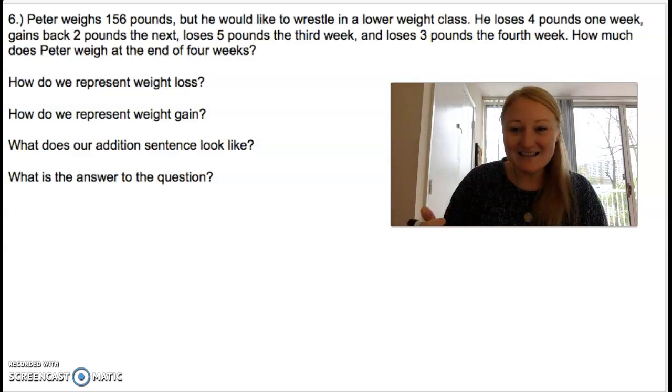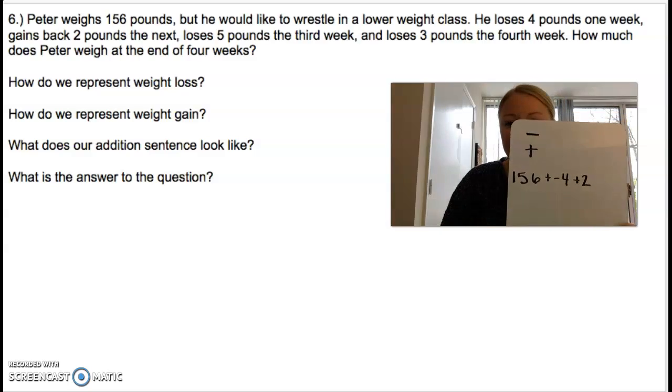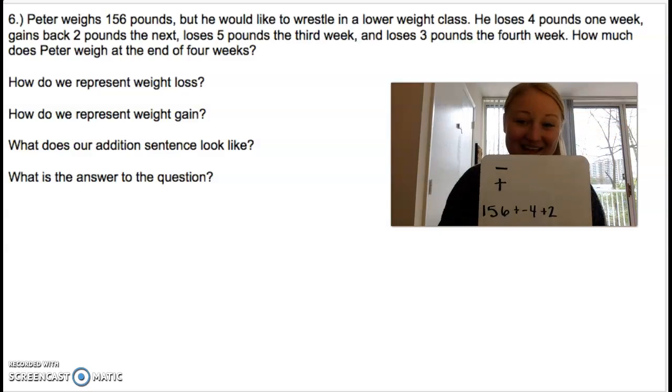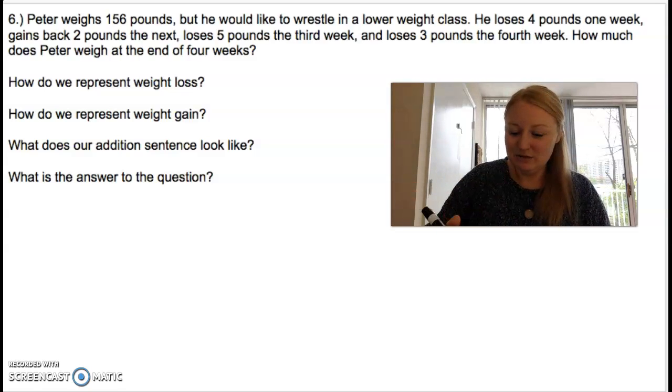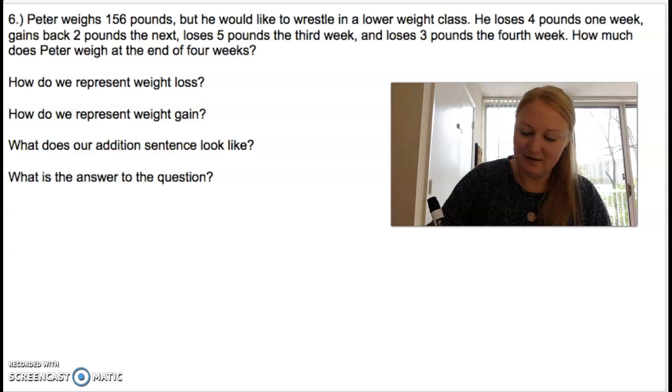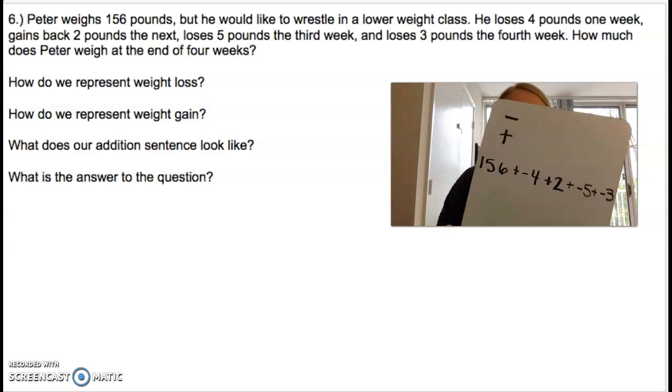And then he gains back 2 pounds. So plus 2, because that's how I'm representing a gain. Oh, I forgot, he loses 5 pounds and then loses 3 pounds. So plus -5 plus -3.